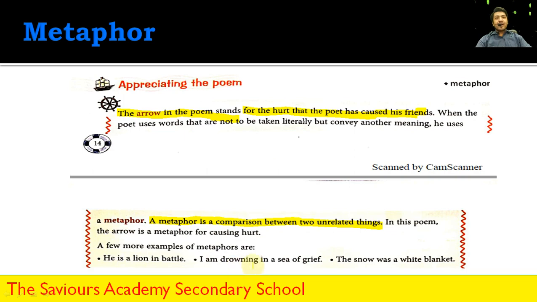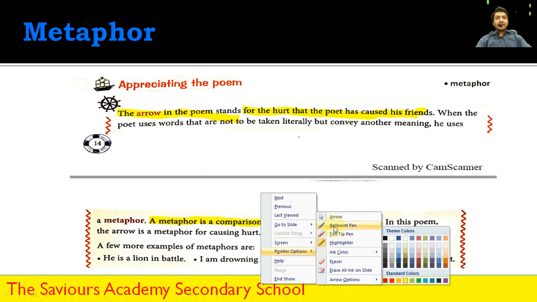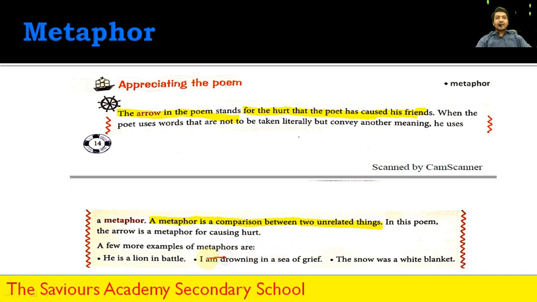I am drowning in a sea of grief. What is written over here? I am drowning in a sea of grief. मैं डूब रहा हूँ. कहाँ पर? Sea of grief. So right now, sea of grief is a metaphor.